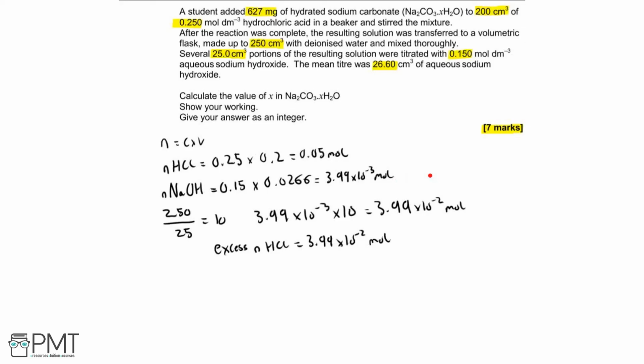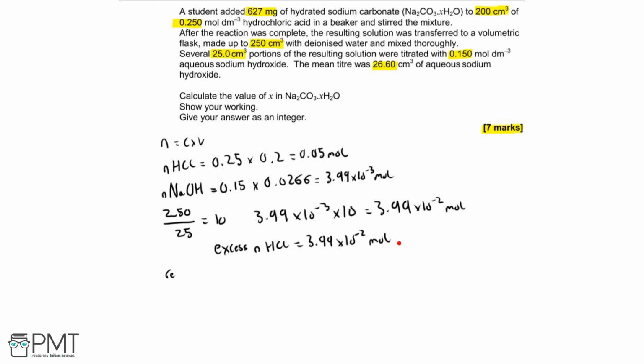As we've just seen, that would be the number of moles of sodium hydroxide needed to neutralize it, and as they react in a 1-to-1 ratio, it's going to be the same number of moles of the excess hydrochloric acid. Now that we have that, we need to work out the number of moles of HCl that actually reacted.